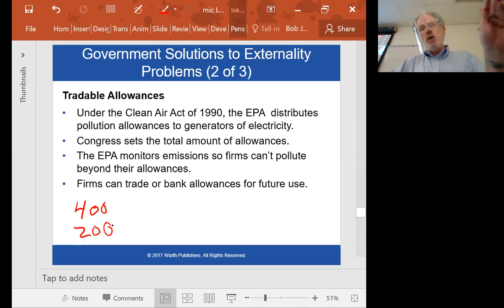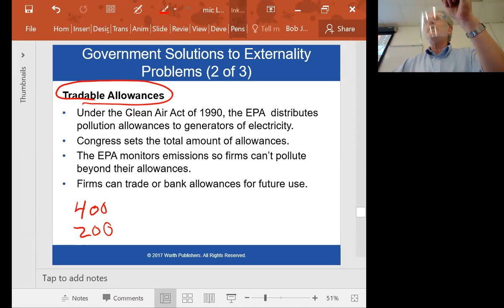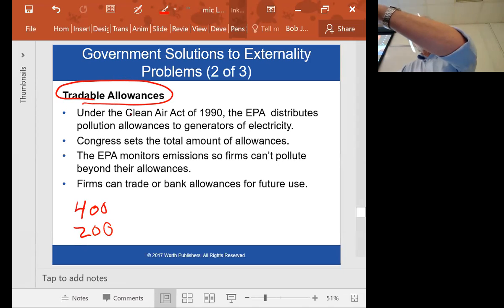You go to the market for these tradable allowances, and you can purchase additional allowances from another company, okay? Of course, if they sell those allowances to you, then they can't emit as much. But let's say your company would find it very costly to reduce pollution, but there's another company that could reduce pollution at a rather low cost.